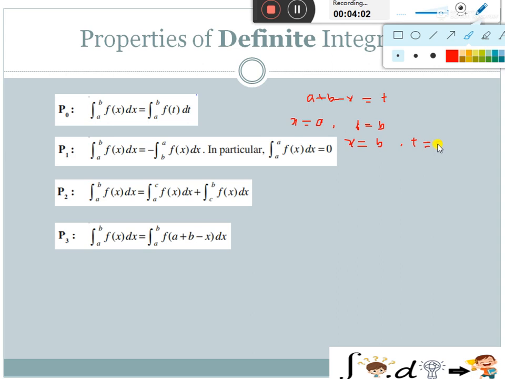And the derivative of a plus b minus x, that means we have minus dx is equal to dt.